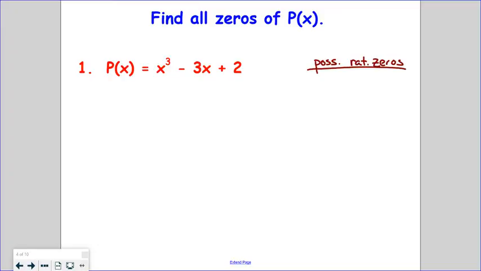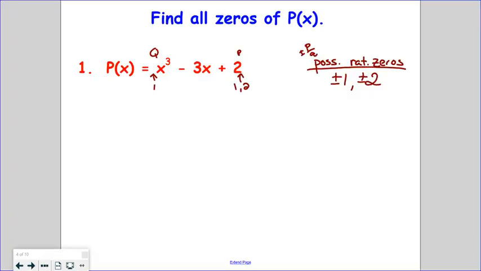So let's look at our possible rational zeros here. Again, that's going to be our plus or minus p over q. P is the factors of 2, which would be 1 and 2. Q is the factors of our leading coefficient, which would just be 1. So a pretty short list this time, right? Plus or minus 1, plus or minus 2. So if it is a rational zero, it is going to come from that list.